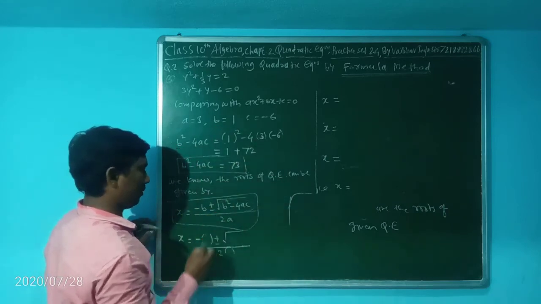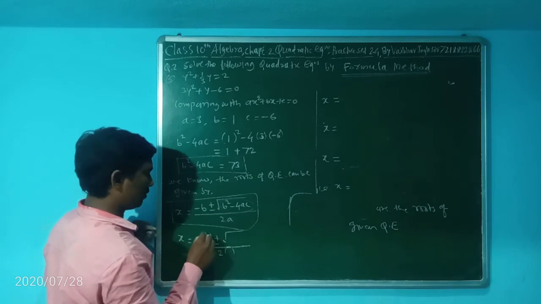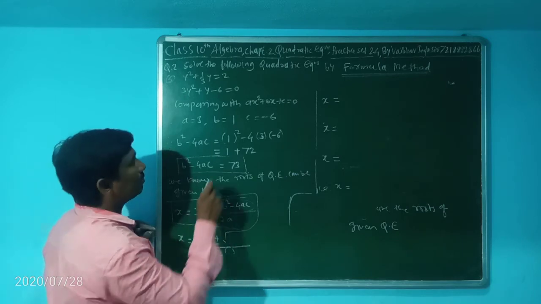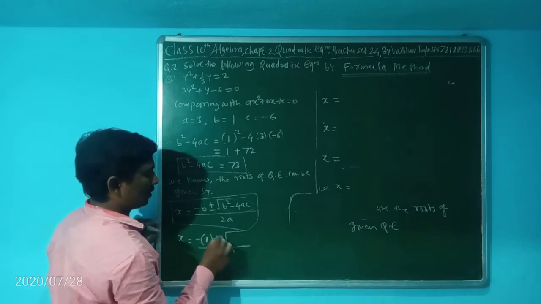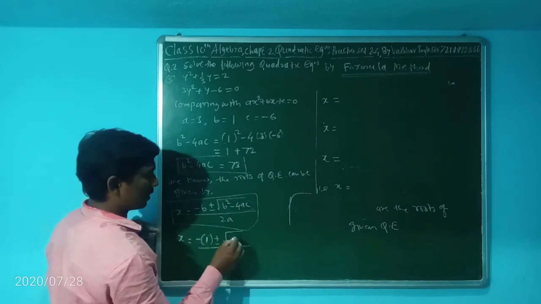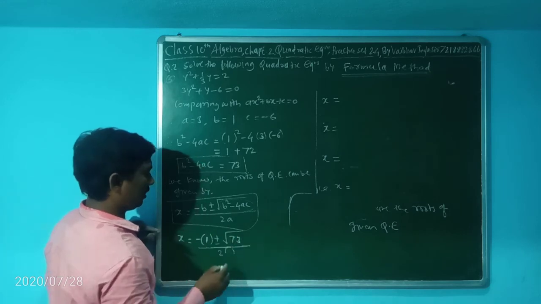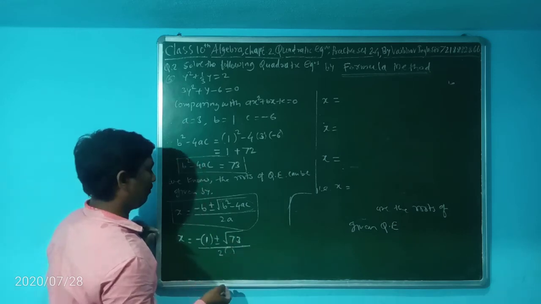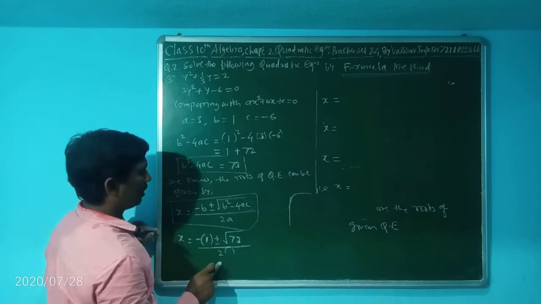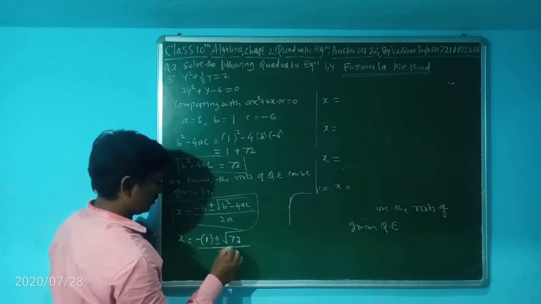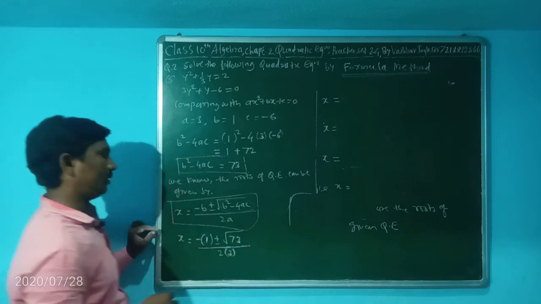Minus b plus minus under root b square minus 4ac upon 2a. So minus b, that is minus 1, plus minus under root b square minus 4ac is 73, and 73 cannot be factorized, divided by 2 into a. So 2 into a, 2 into 3, it will be.